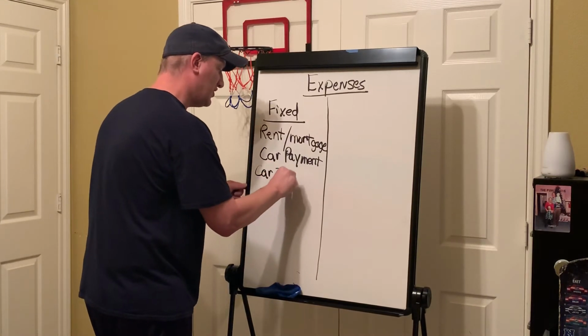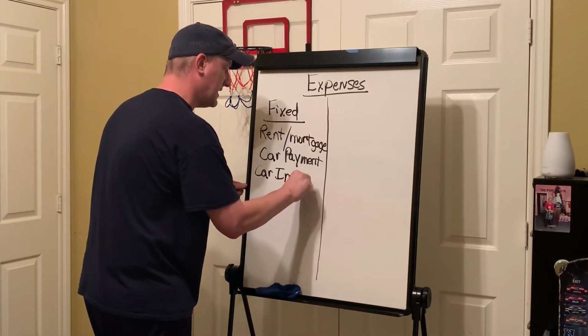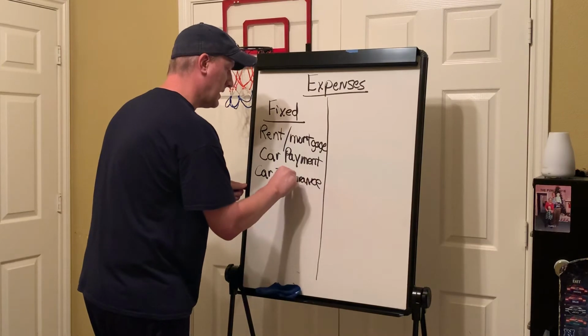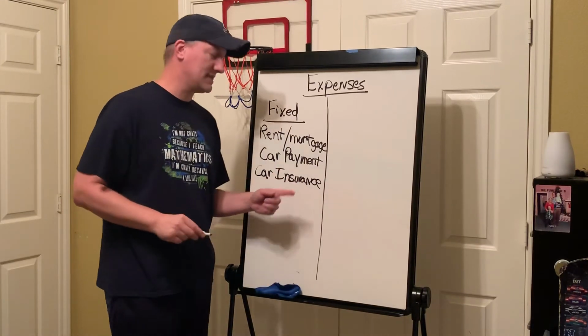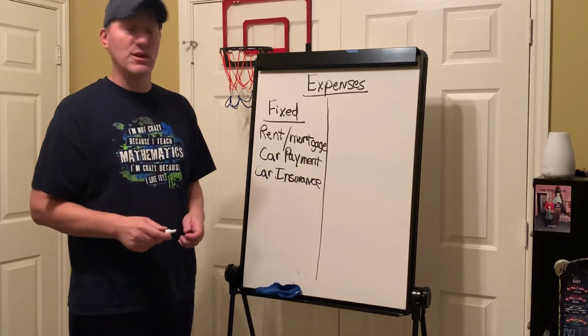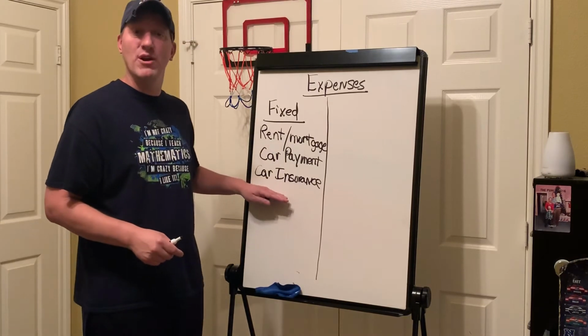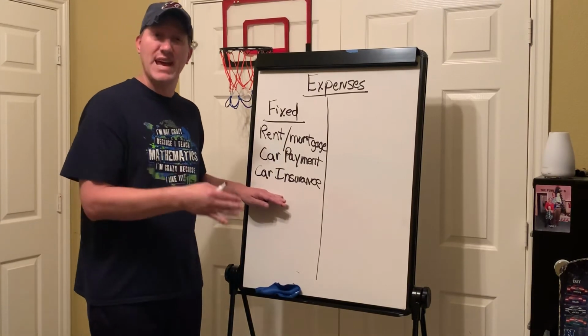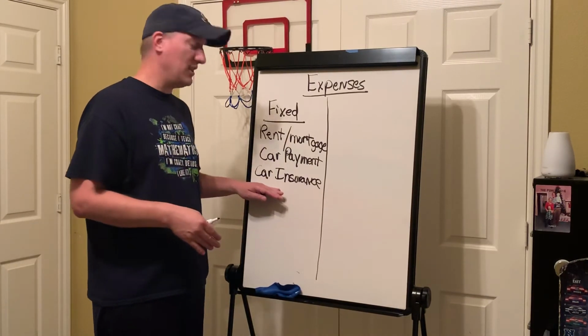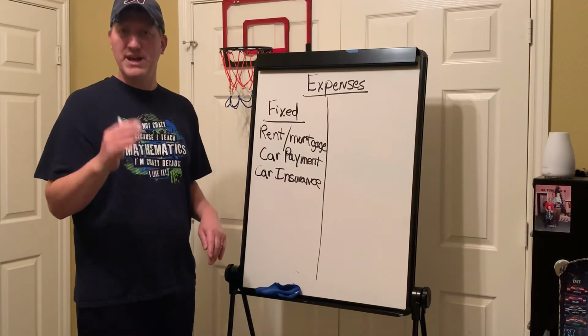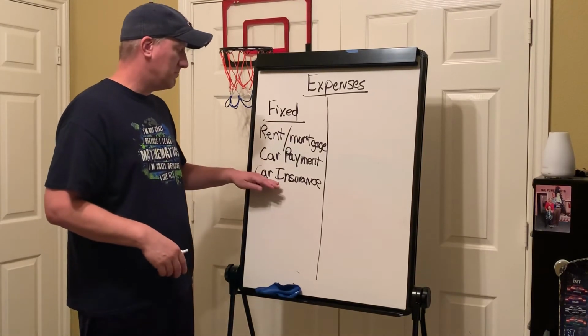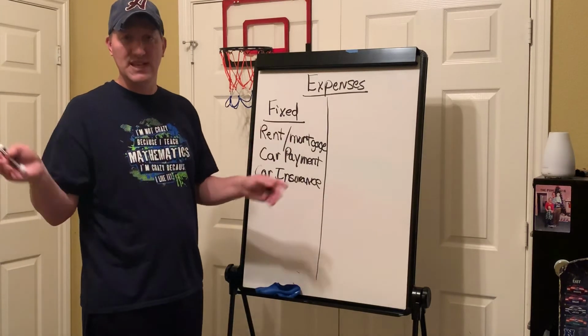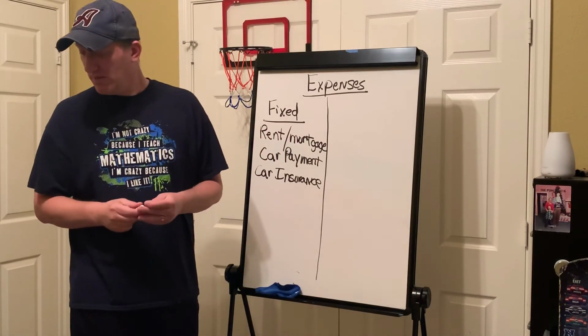So the insurance on your car stays the same the whole year. Now, the only way that changes is if you have an accident. If you have an accident or a claim, then your car insurance may go up or down. But otherwise your insurance usually stays the same every month.